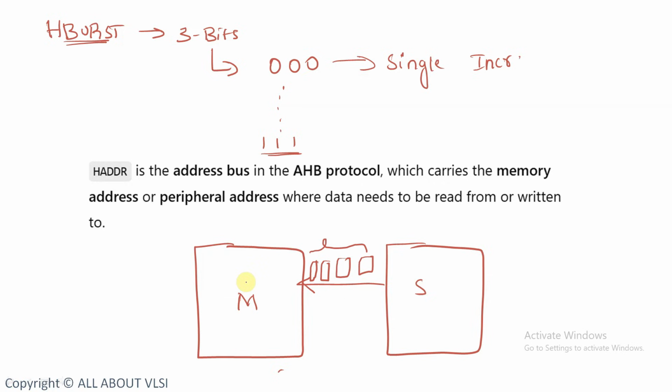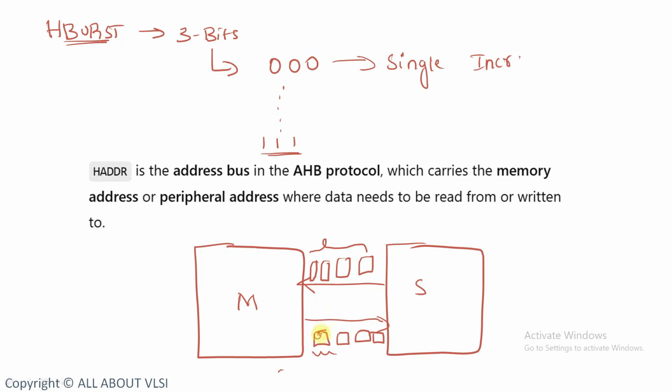Using HBurst, we are nowhere knowing the size of the packet. Using HSize, we know the size of the packet; using HBurst, we count the number of packets we are going to get. In the case of a write transfer, the master will tell how many packets it is going to give, and HBurst does not tell the size of the packet.